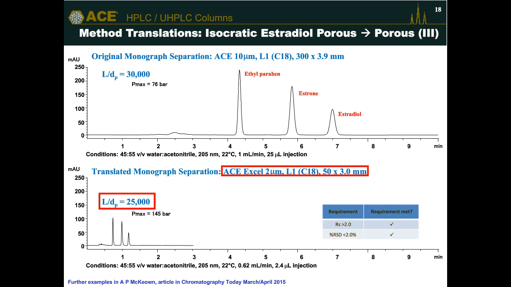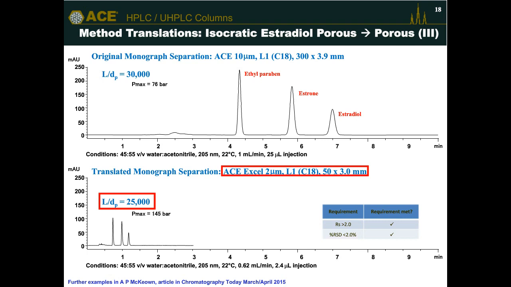So we have a method that's under 1.5 minutes, and it does everything that we need it to do. So you see you've saved a considerable amount of time. The back pressure is over double what we had originally, but it's still within the usable HPLC limits.